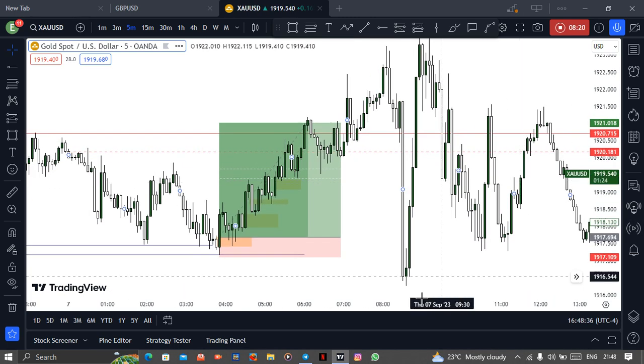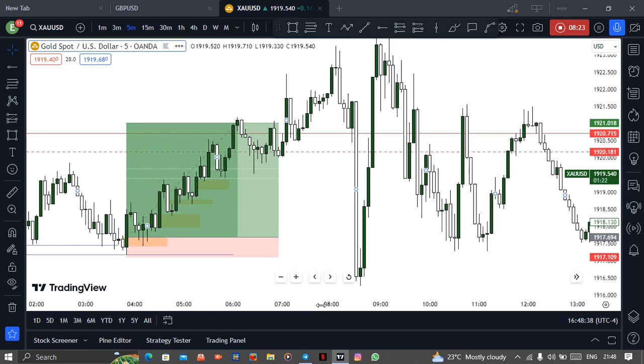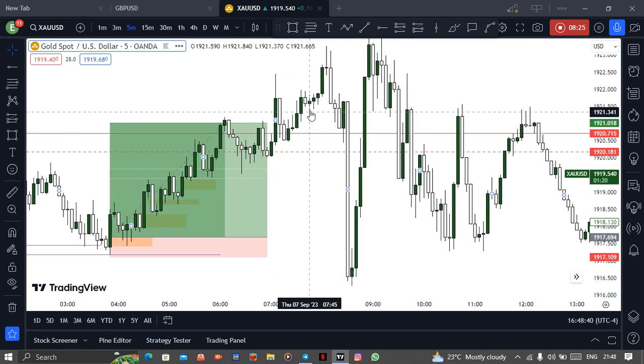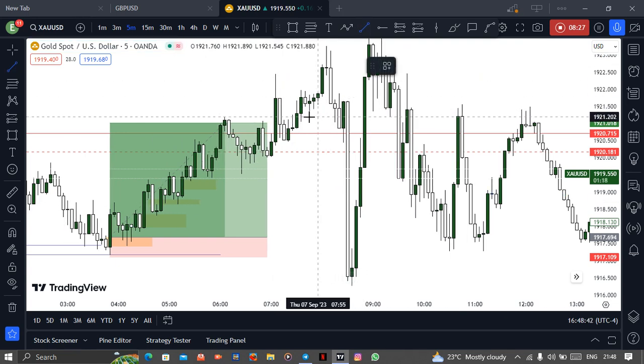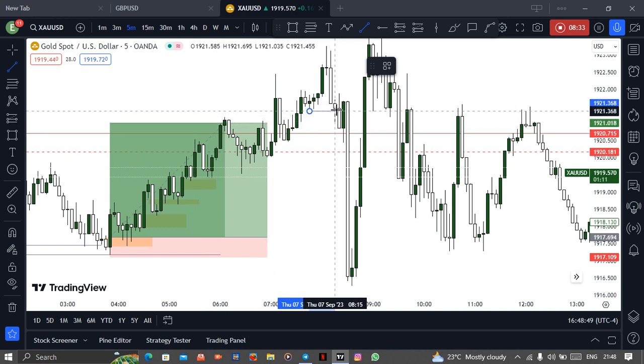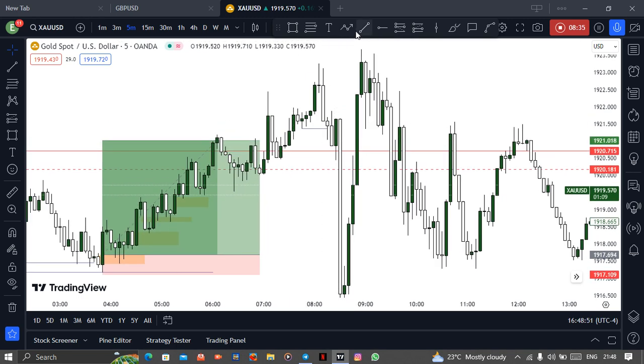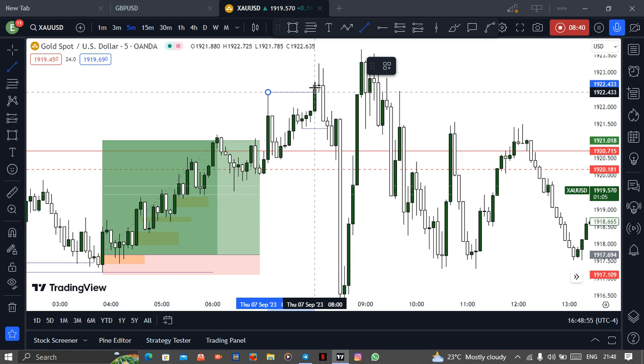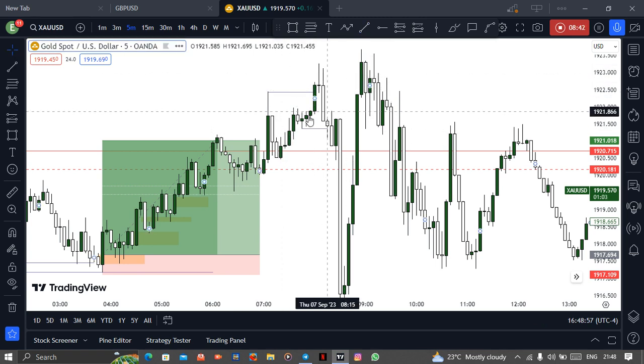I actually saw this trade also, but I didn't take it. We had this market structure shift. After this buy side has been taken, this is a swing low, so we had a market structure shift here plus this buy side liquidity. Please take note, I didn't take this trade.